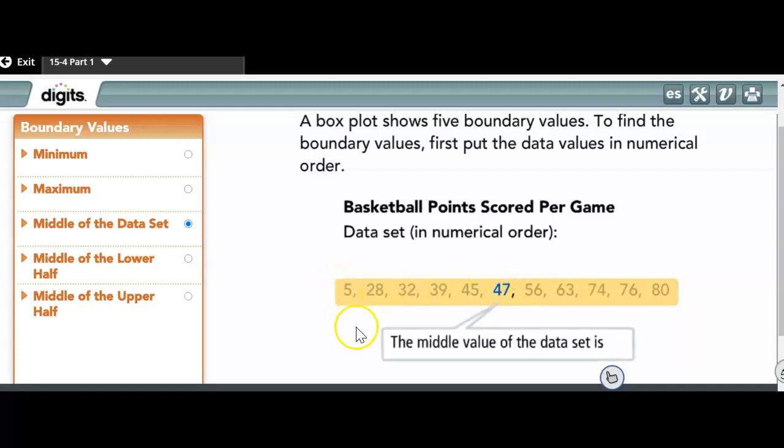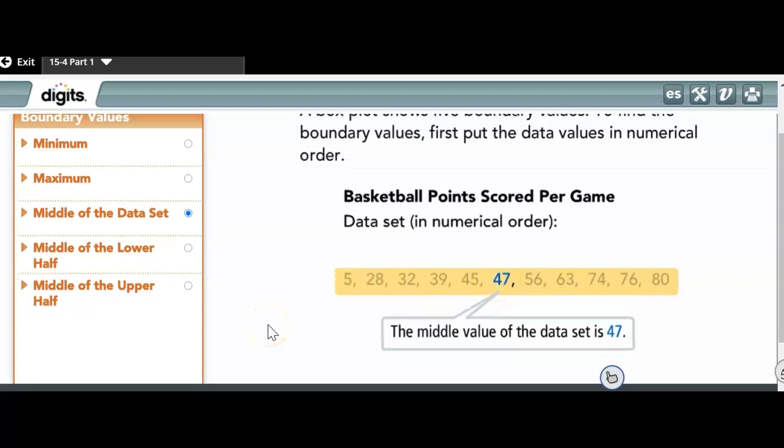The middle value of the data set is 47. We have 1, 2, 3, 4, 5 numbers to the right of the median, and 1, 2, 3, 4, 5 numbers to the left of the median. That gives us 47 as the middle. Those first 3 should have been pretty easy.